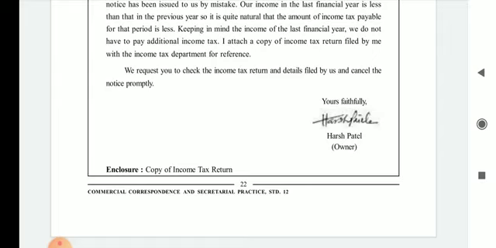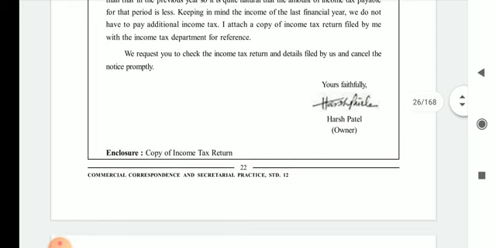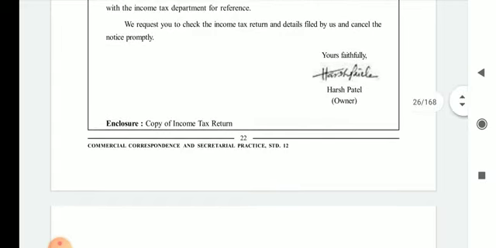So here there is no need to write thank you because this is not your mistake. And if you want to write this type of letter, you have to be 100% correct. So here we have no need to write a thank you or thanks. Clear? Yours faithfully and the name.